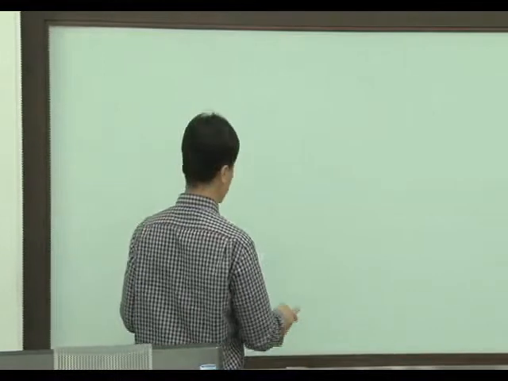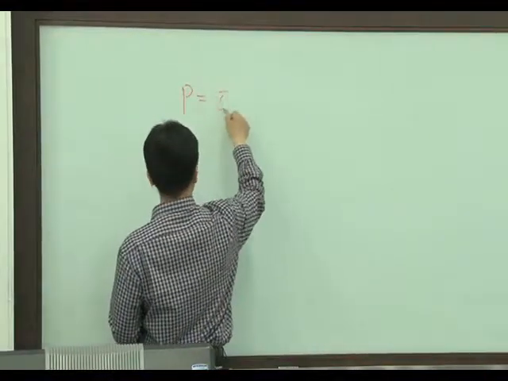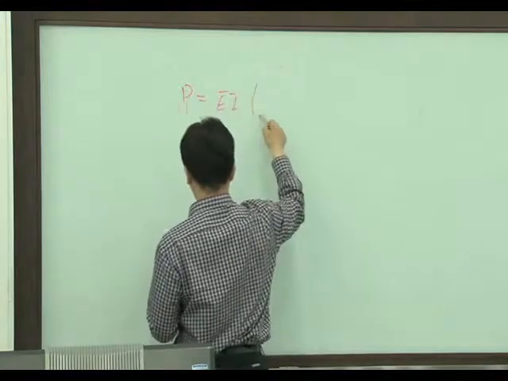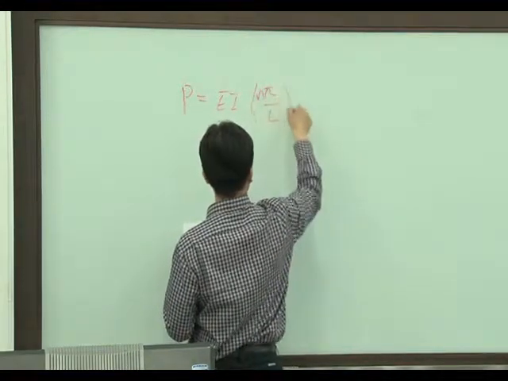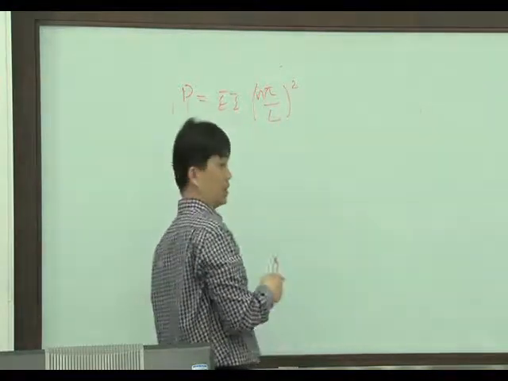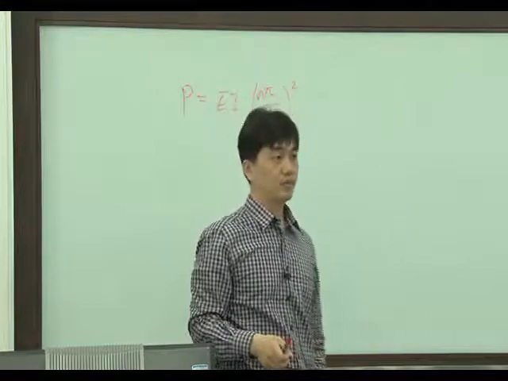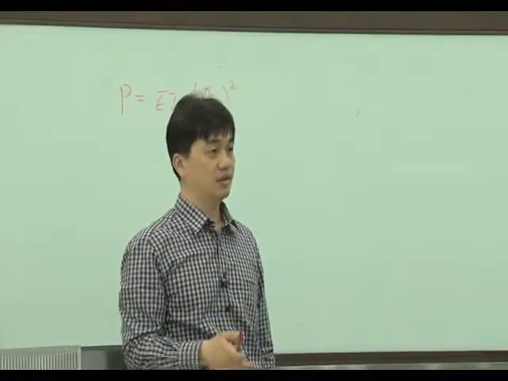So that second solution gives us the equation P equals EI (n pi over L) squared. And there are a lot of solutions, right? Because n is an integer.